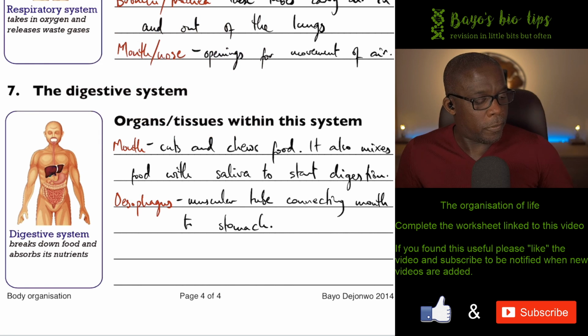We then have the stomach, which is a muscular sac in which proteins are digested.